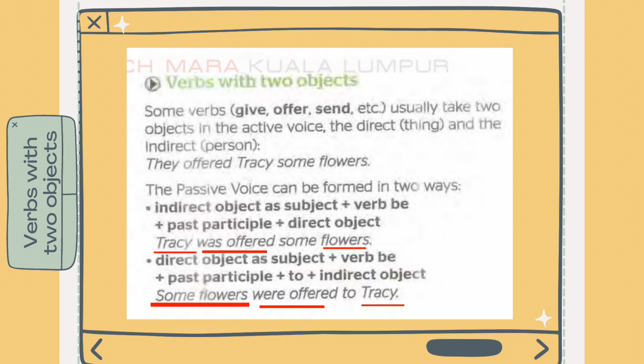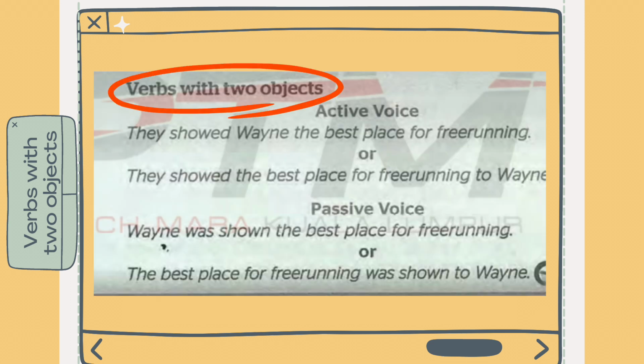Let us take a look at the next one, verbs with two objects. Active voice: They showed Wayne the best place for free running. Or they showed the best place for free running to Wayne. We want to change these sentences into passive voice.